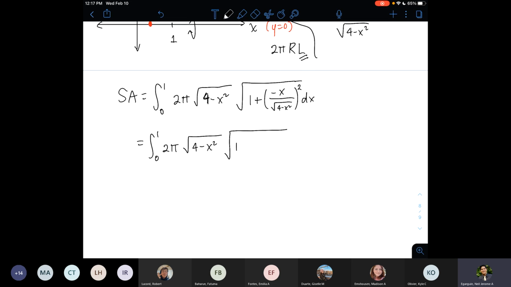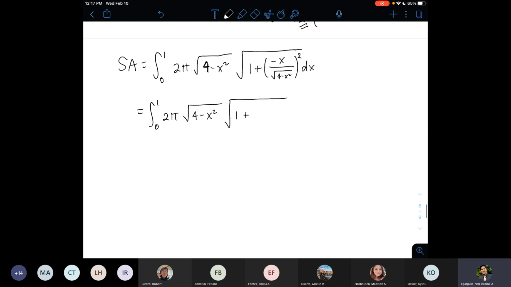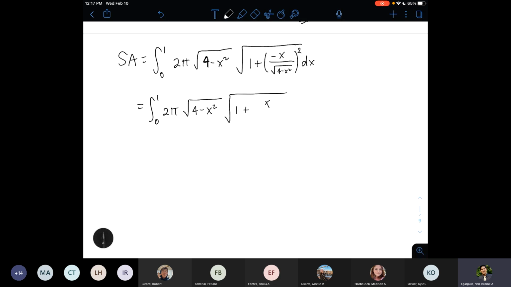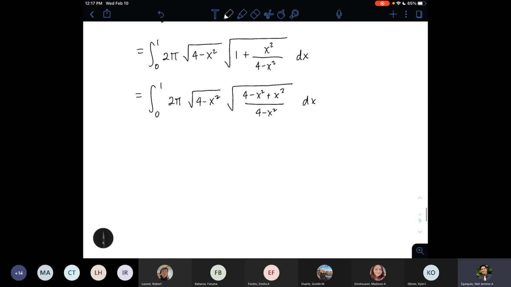I'll have 1 plus x squared all over 4 minus x squared dx. Then here I'll have the integral from 0 to 1 of 2 pi root of 4 minus x squared. I'll simplify the radicand further. It would be 4 minus x squared plus x squared over 4 minus x squared dx.